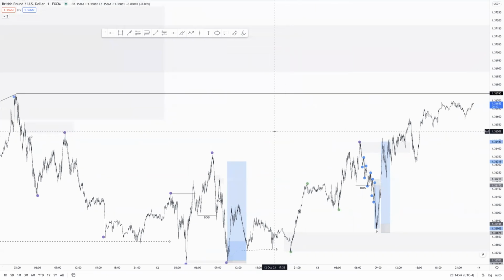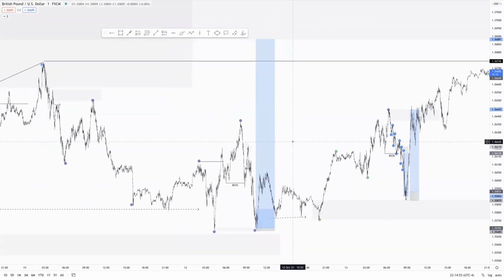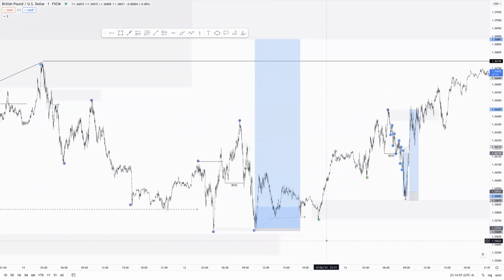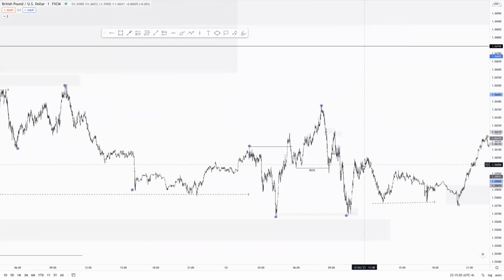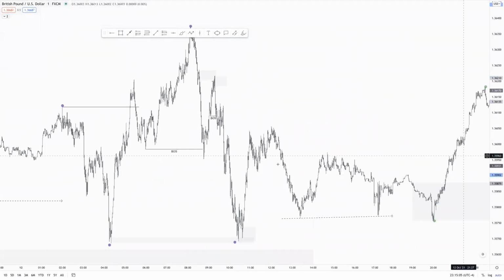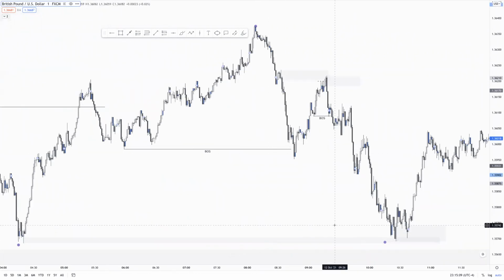So targets for us are up here, at 1.3688, right? Which is a 1 to 65. And you can see even here, there were several entries. So we ended up trading into that wick here.